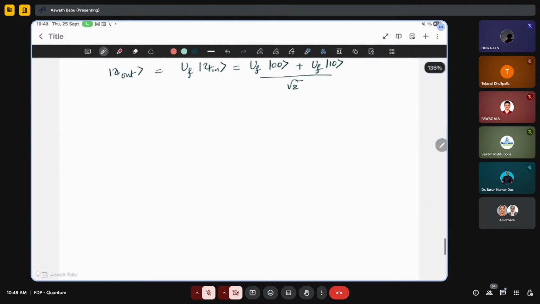As we already know, unitary acting with the control 0, the target gets added up with the functional value of control.